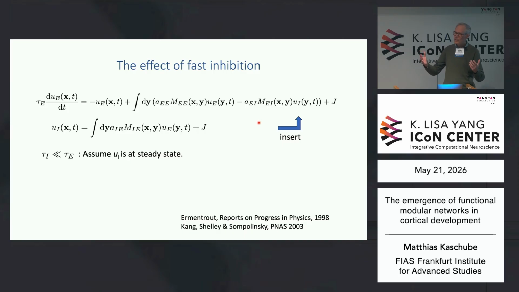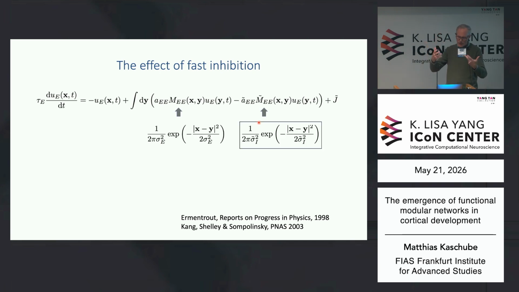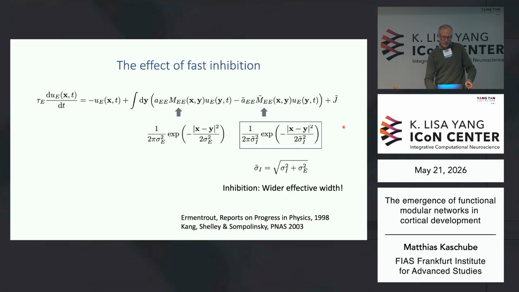These are two Gaussian kernels, which becomes a convolution over two Gaussians. The convolution of two Gaussians again gives us a Gaussian. But this Gaussian has a sigma which is the quadratic sum of the sigmas of the individual Gaussians. So this means that the inhibitory Gaussian now has a larger spatial width or range than the excitatory Gaussian, which means effectively we have a Mexican hat by this mechanism.